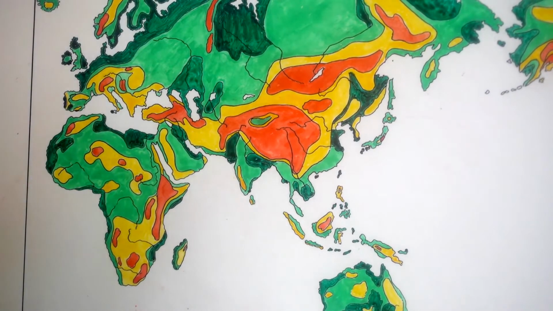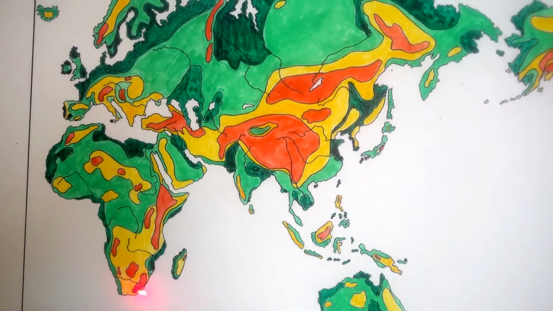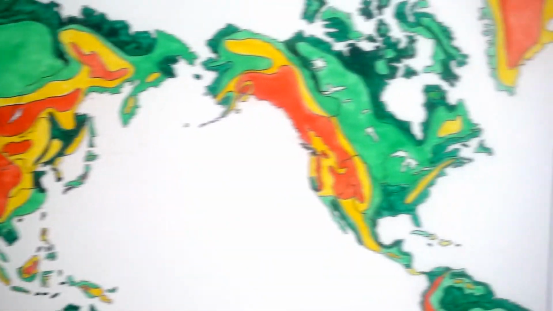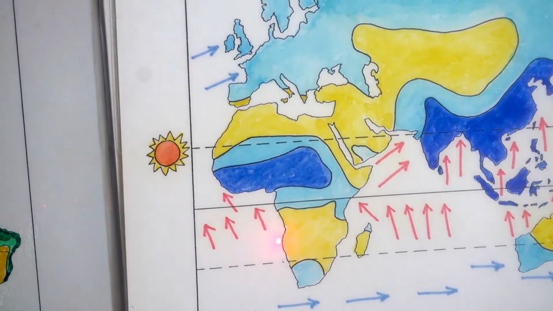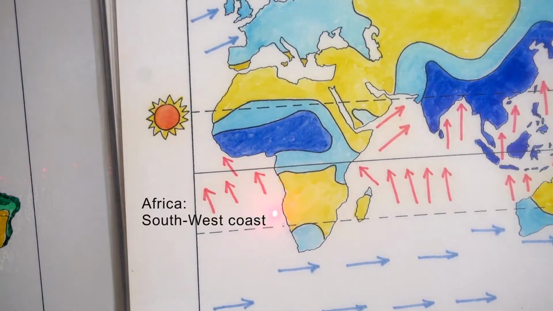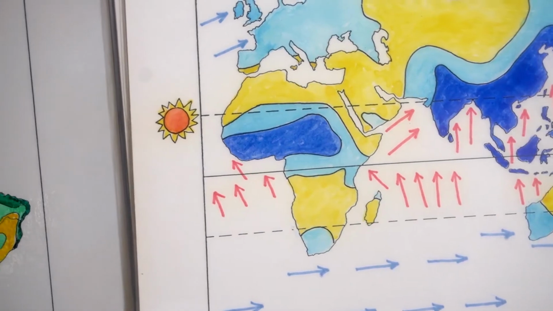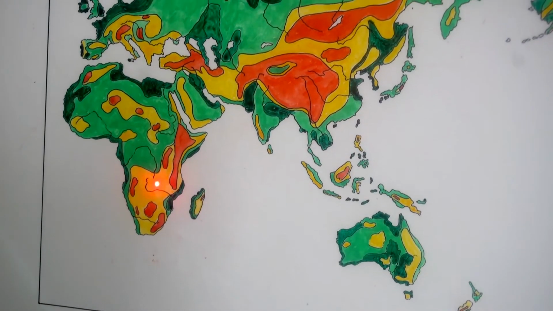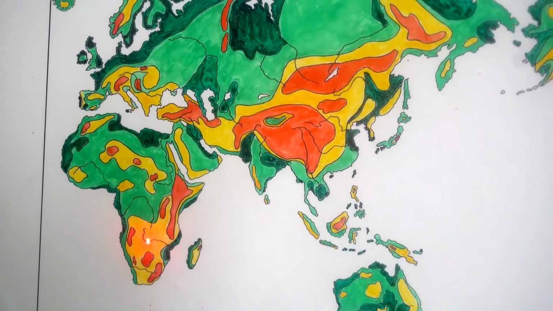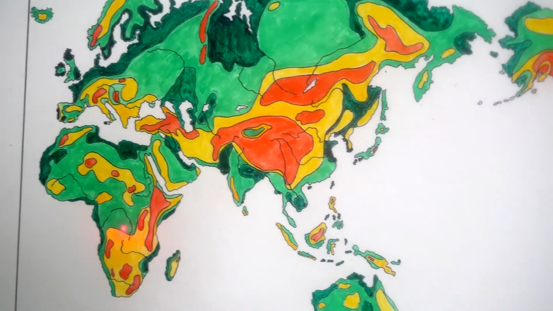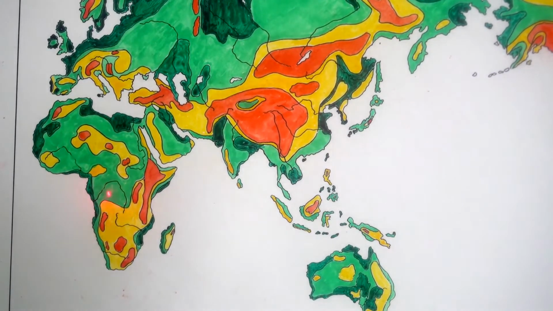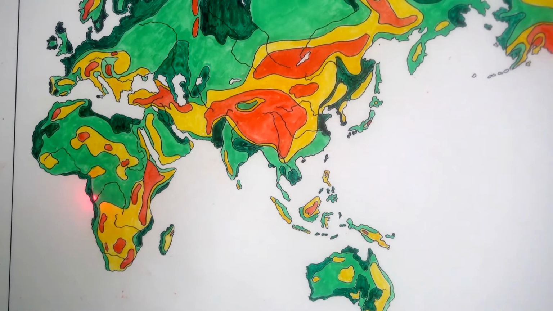Let's see another one. Let's look at here. Here we have just minimal rainfall here, southwest coast of Africa here, minimal rainfall. Let us see here. We have this river here from this medium highland to medium lowland, to the Atlantic Ocean.